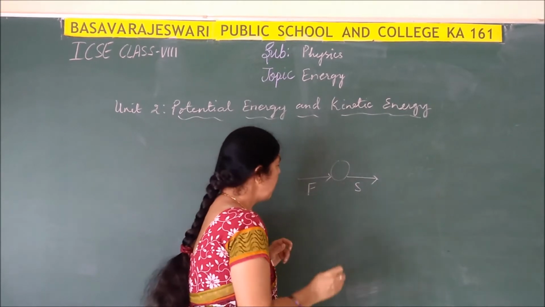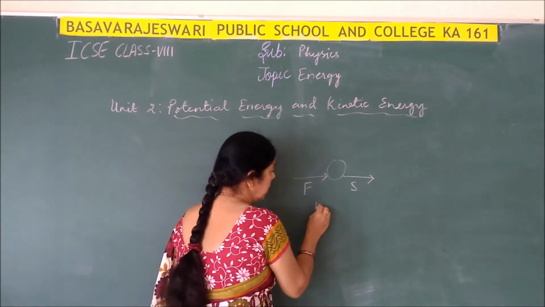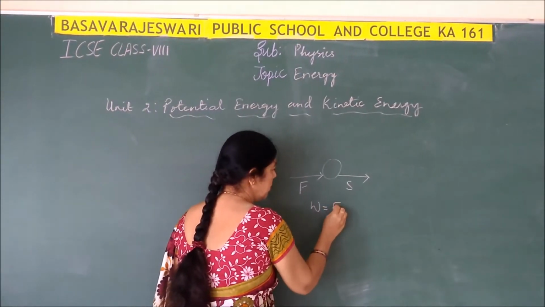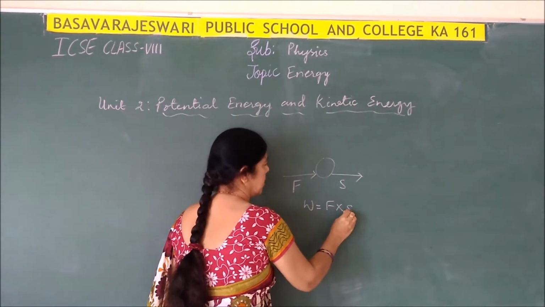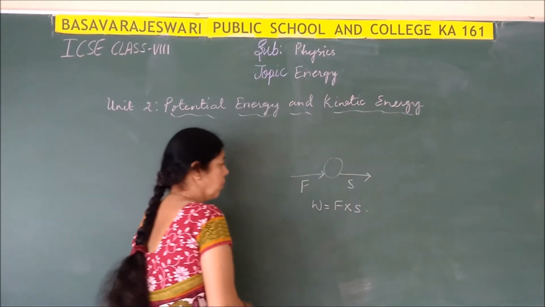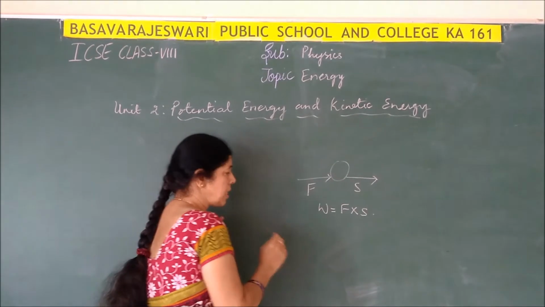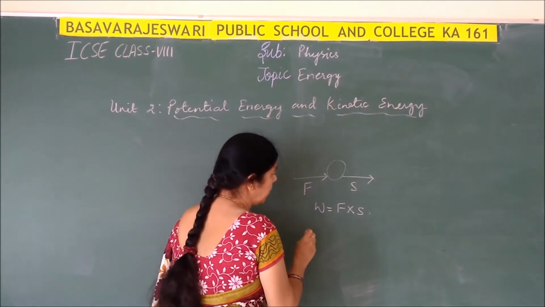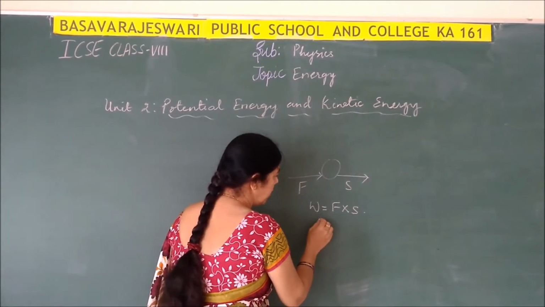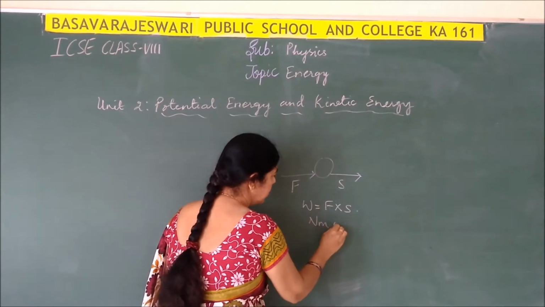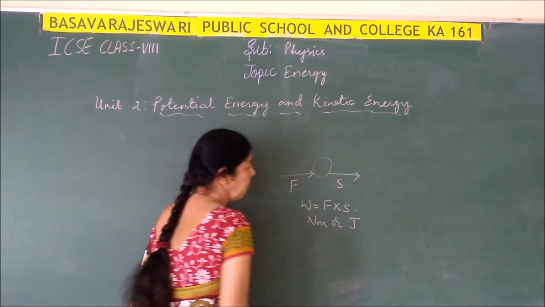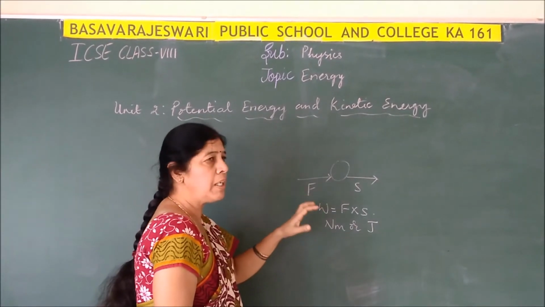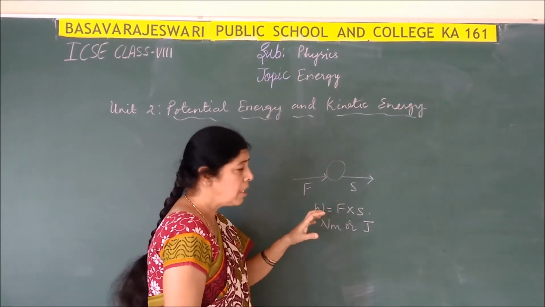Is it not? We have learned about the mathematical expression of work done. W is equal to F into S. Right? Now in this we have discussed even the standard units also. What is the standard unit of work done? Standard unit is Newton meter or Joule. And apart from this, we have even discussed when work done will be 0.